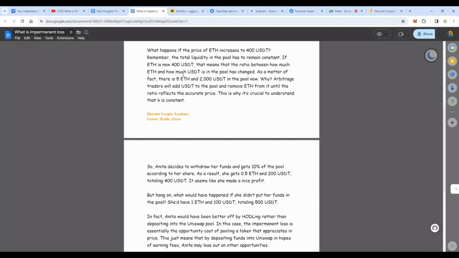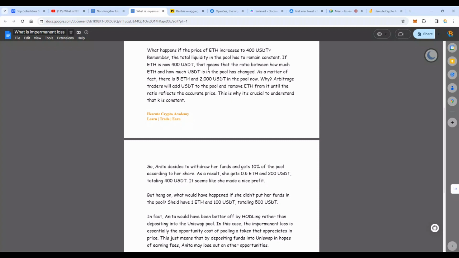So she's going to get 200 USDT and Ethereum equivalent to 200 USDT, which is actually 0.5, because if you multiply 0.5 by 400, you get 200.